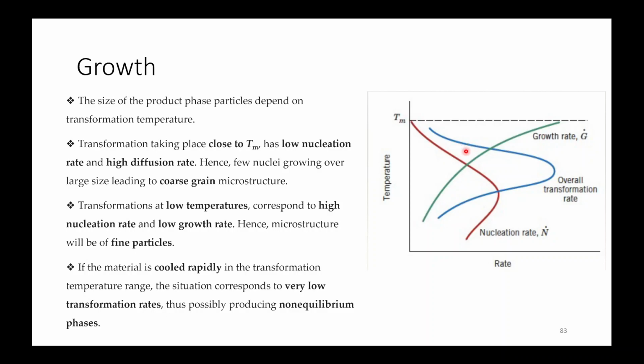So you will be finding a coarse grained microstructure, while if you are providing high undercooling, then you will be getting fine particles and fine structure. And if the material is cooled rapidly in the transformation temperature range, this situation corresponds to very low transformation rates, and thus probably produces non-equilibrium phases.